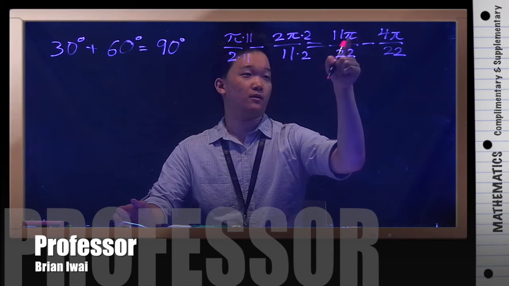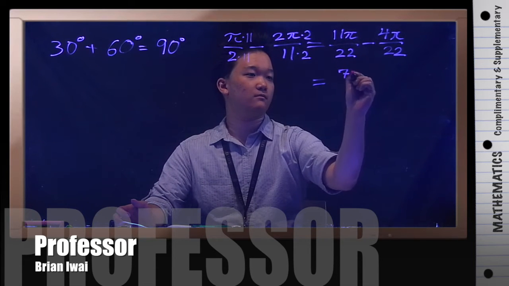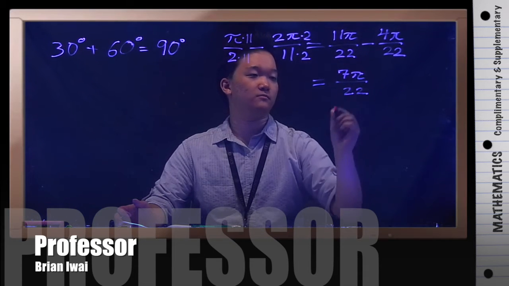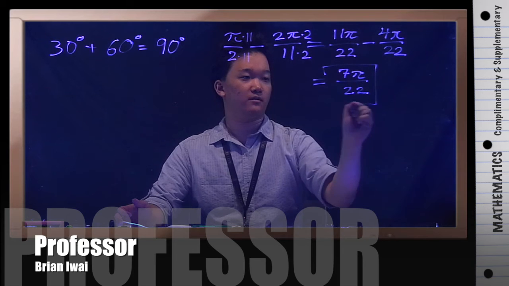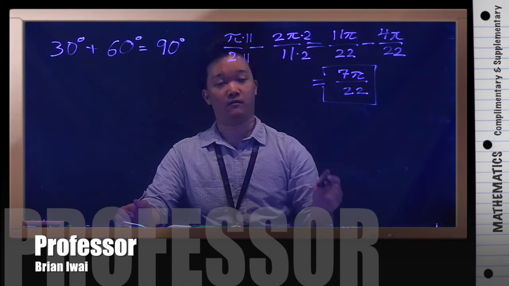Then 11π minus 4π gives you 7π/22. So this is the angle complementary to 2π/11.